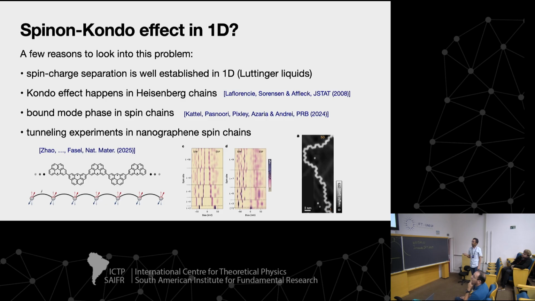Comparing theory and experiment, I think it's very cool that you can even see the difference between the spectrum of even and odd chains. For odd chains, the ground state is a doublet, and you get a peak at zero bias.